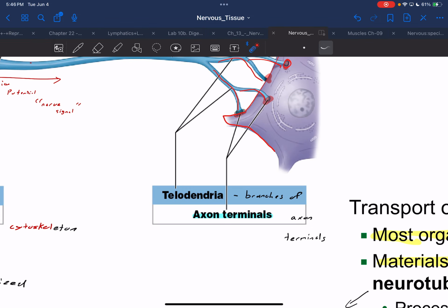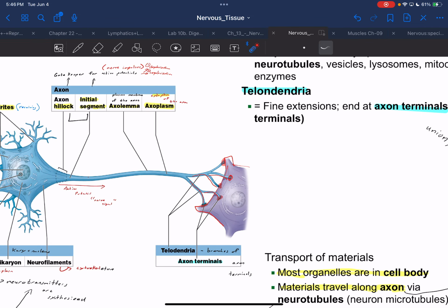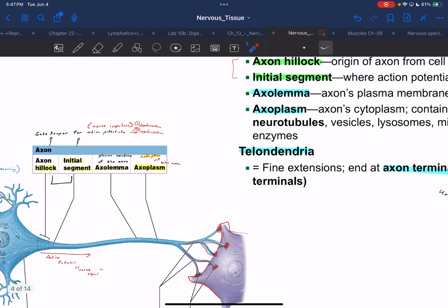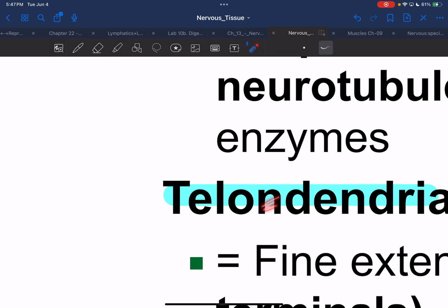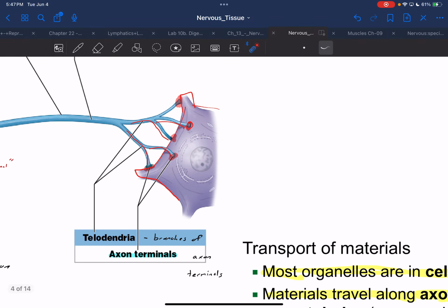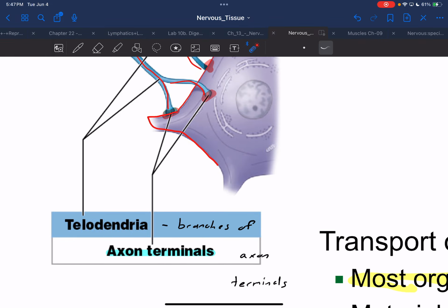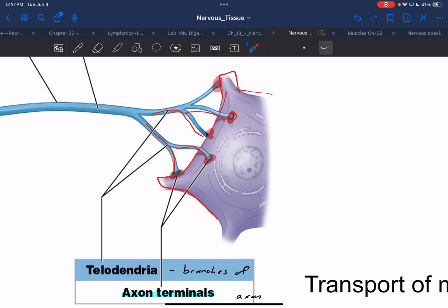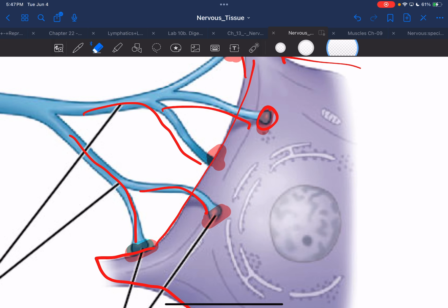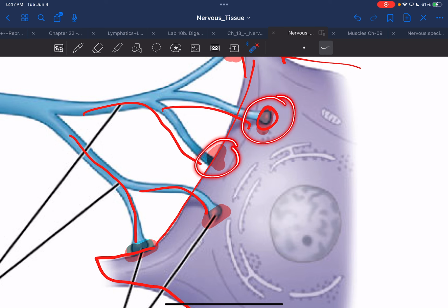The last thing to add here is our telodendria. These are going to be, oh, there's an excess N here. Can you guys cross that out? Telodendria. And so telodendria are going to be branches of axon terminals, which are the ends of axons. And they're going to form connections with the next cell that it's connected to.